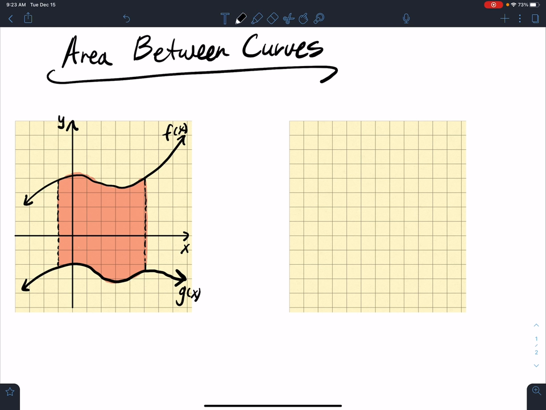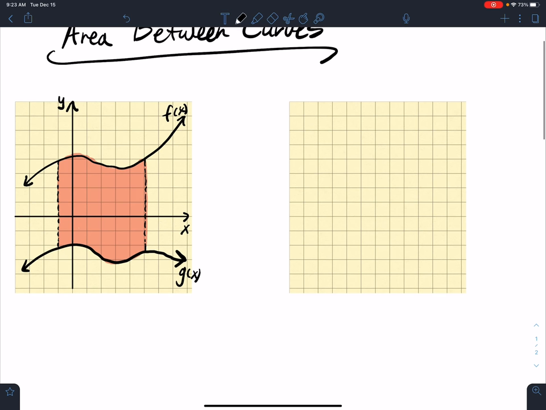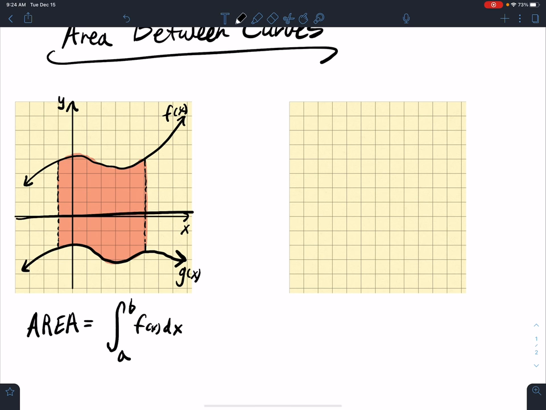Okay. So how do we do this? All right. So area is equal to the integral from, well, the top. Now, typically it's a to b f of x dx, right? But this was whenever we were finding it with respect to area above the x-axis.